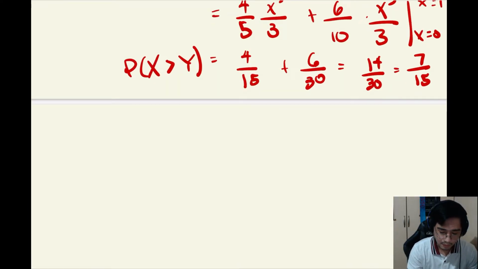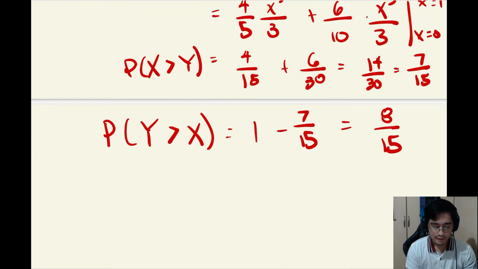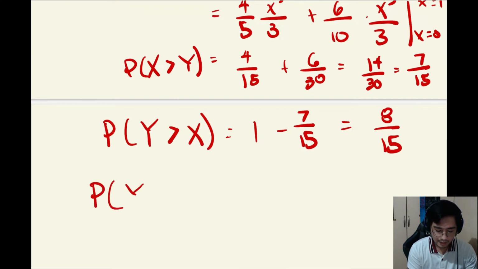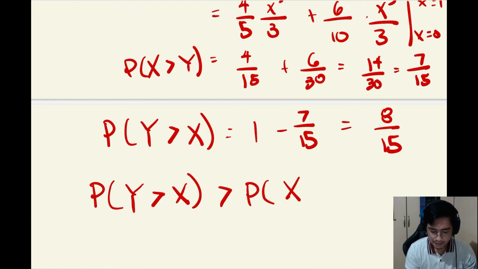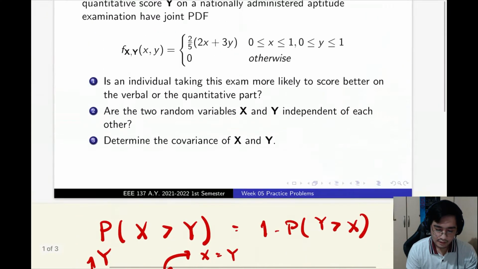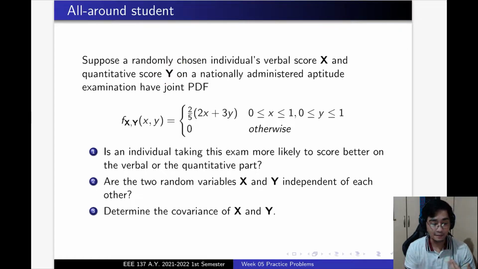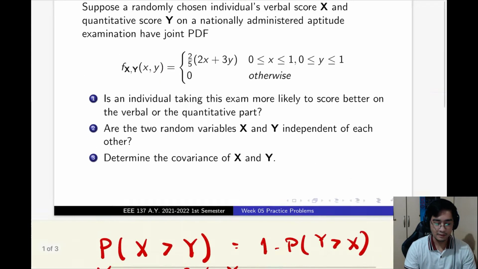Now the probability that y is greater than x is equal to 1 minus 7 over 15, which is 8 over 15. Since the probability y greater than x is greater than the probability x greater than y, the answer to the question is that the student is more likely to obtain a higher score in the quantitative than in the verbal score.